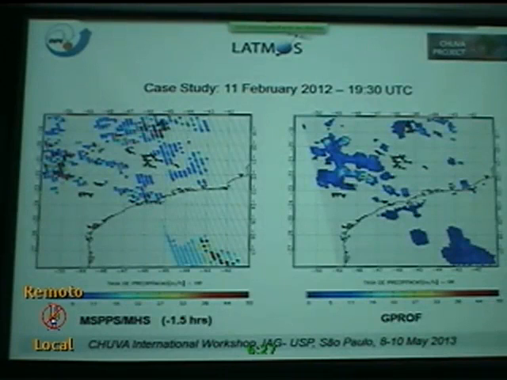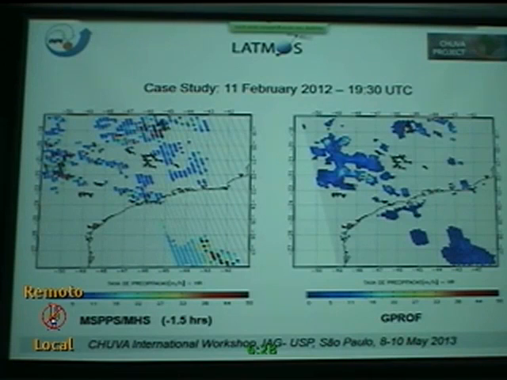This is GPROF and this is MSPPS. This is the original one, and we can see some difference in the pattern, but also some differences in the rainfall amount. For example, over the ocean, we have a big overestimation with AMSU, because this is based only on scattering, and this is more related to emission.